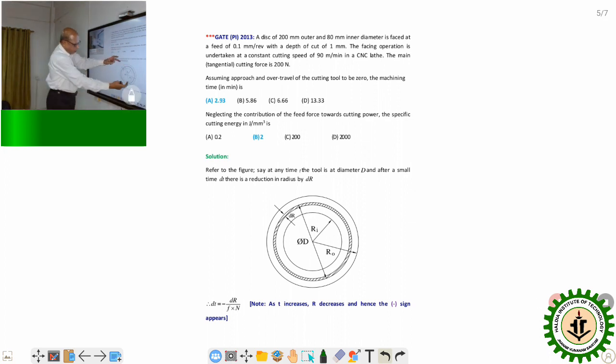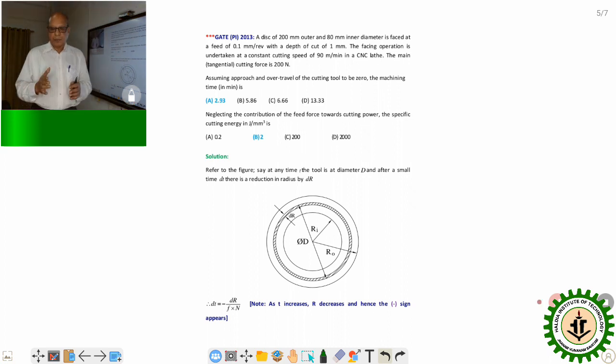This is the OD, this is the ID, and at any time t, the tool occupies a position which is represented by the diameter phi d, or the corresponding radius r. And in the next small incremental time dt, the reduction in radius is dr. The tool movement is always with a constant velocity.